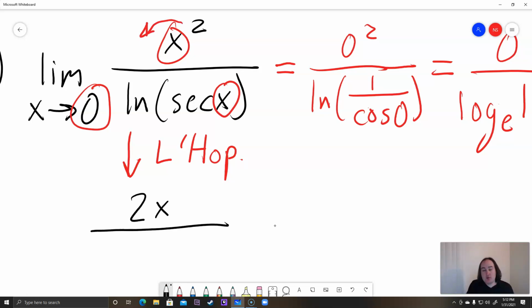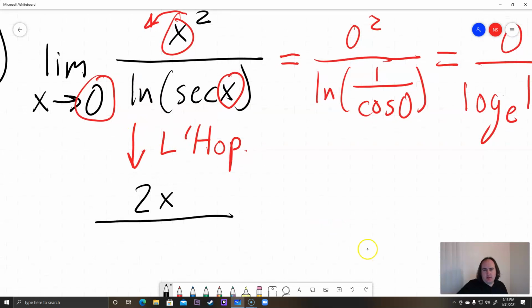And on the bottom, we actually have to use the chain rule. Here our outer function is natural log, and our inner function is secant. So we take the derivative of the outer function first, inner left alone.